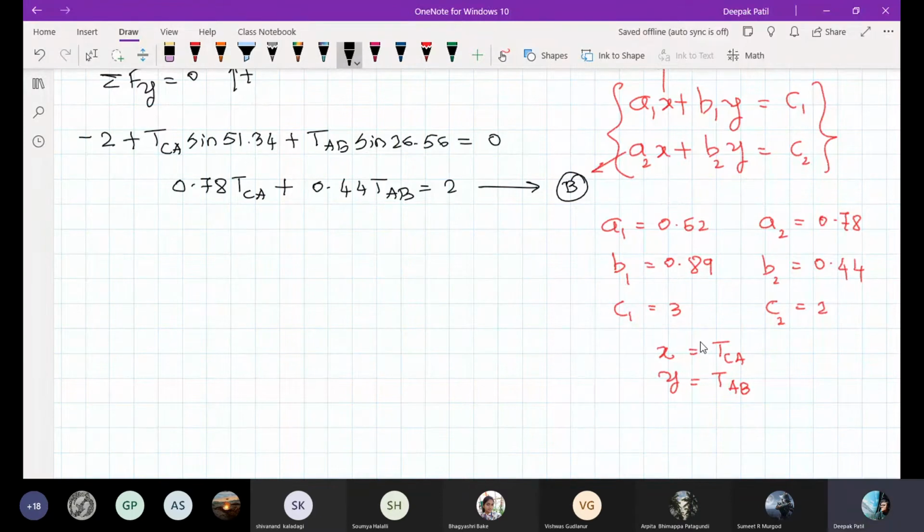Do you know how to solve it in calculator? Anybody knows how to solve the simultaneous equations in calculator? No, right? Okay.